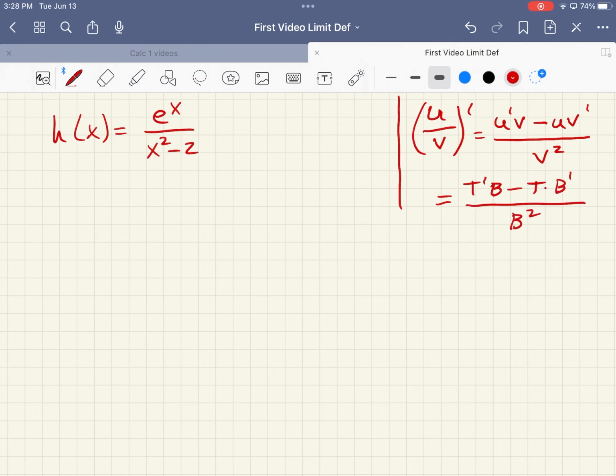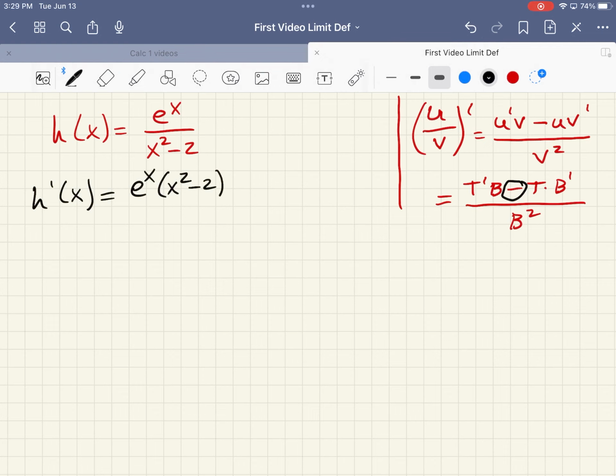Now, unlike the product rule, with this one the order matters because this is subtraction. It's always the derivative of the top first times the bottom, then subtract the derivative of the bottom times the top. So here I would have h prime of x. I'm going to do the derivative of the top, which happens to just be e to the x, times the bottom. Now, this is where students often make a mistake.